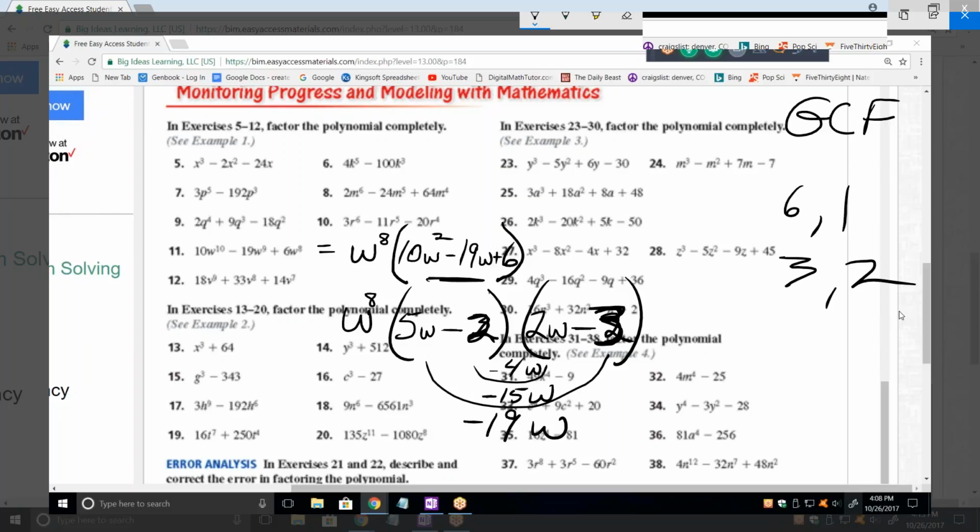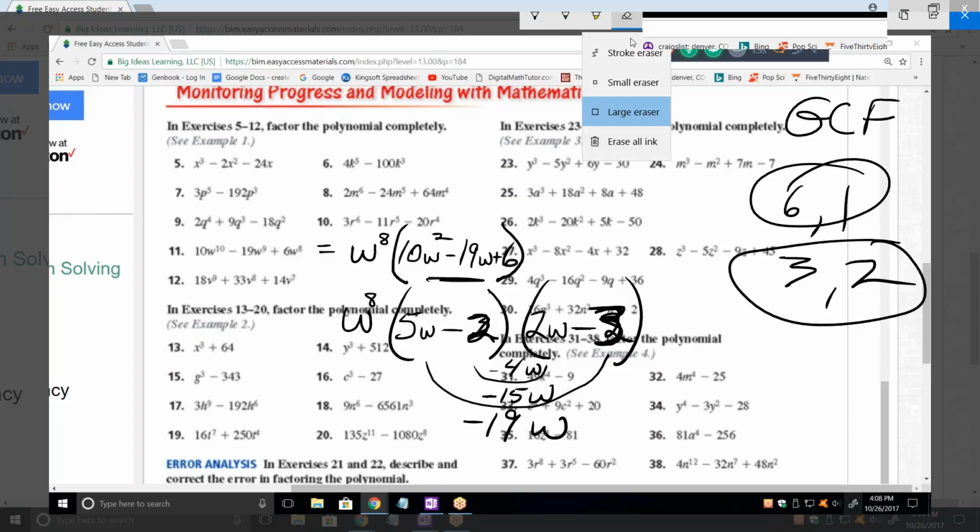In other words, it is a trial and error process. You keep trying numbers until you produce that middle term. But just a tip is that it's almost always the two factors that are closest together. 3 and 2 are a lot closer together than 6 and 1 are.